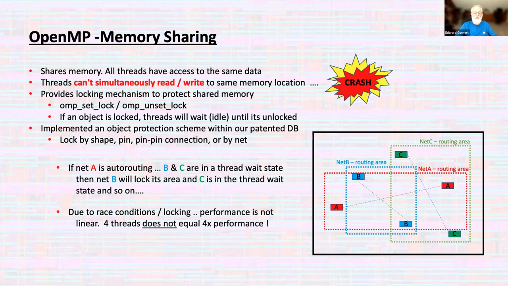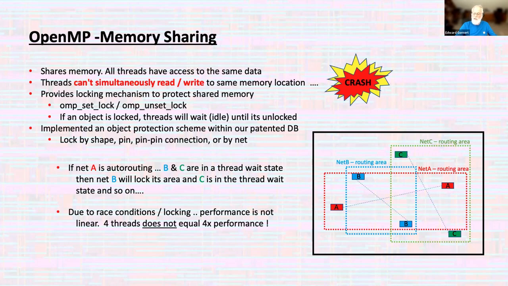And currently within Frontier, we developed an object protection scheme within our patented database that we can lock by any object, by a shape, by a pin-to-pin connection, or by a net. So an example is on the right-hand side, I have 3 nets, red, A, B, blue, C, green. So if net A is routing, it's locking the area that it's routing in.